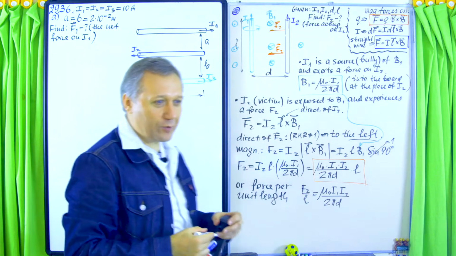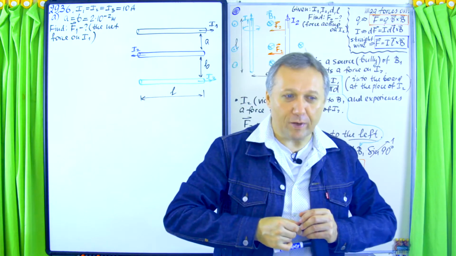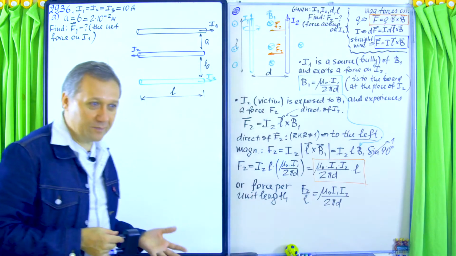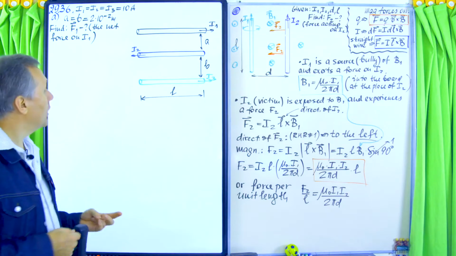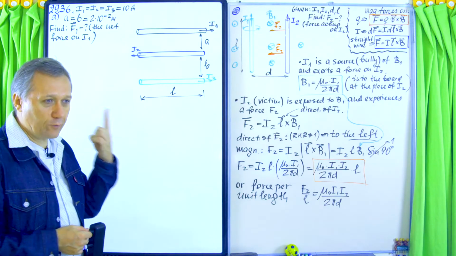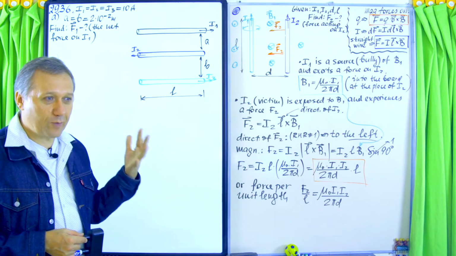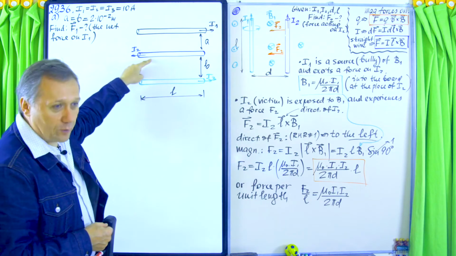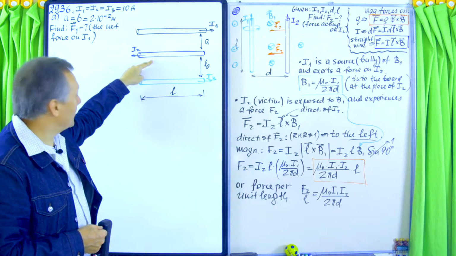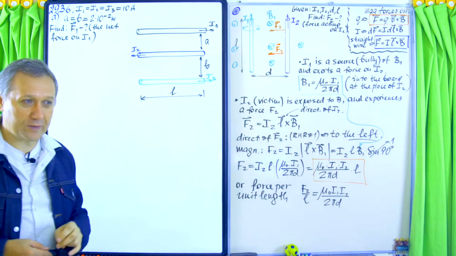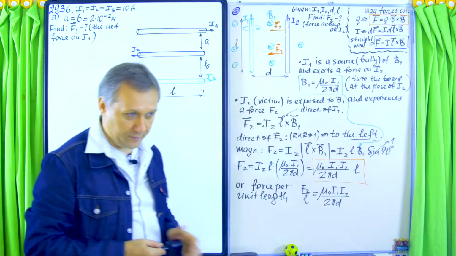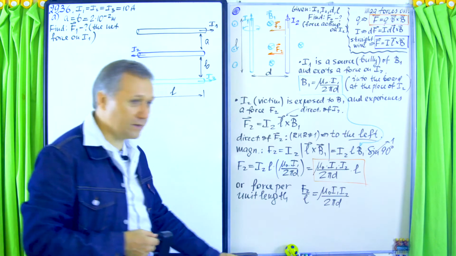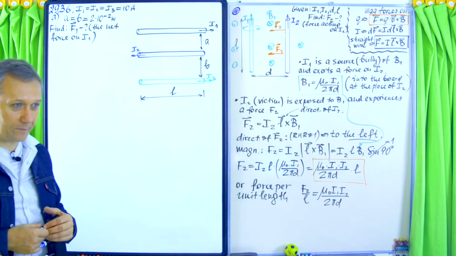And now you should be able to guess what are the questions in part B and part C. In part B, in your homework, you will have to repeat similar steps, but find the net force acting on the second wire. And in part C, you'll have to find the net force acting on the wire I3. But here we're going to find the force on I1.